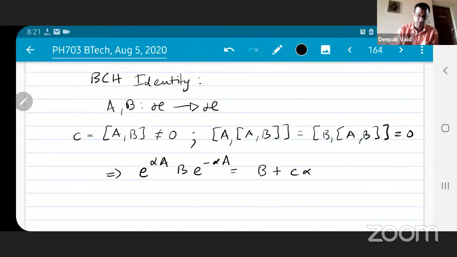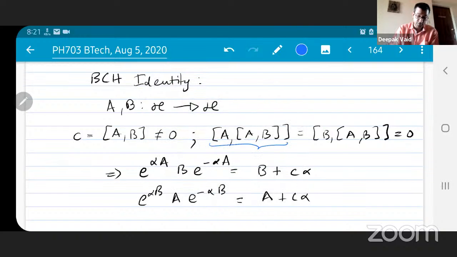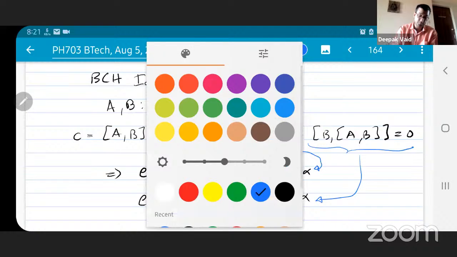And the second condition will imply that B is a displacement operator also for A, right? So this condition implies this, and this condition implies the second line. Okay.